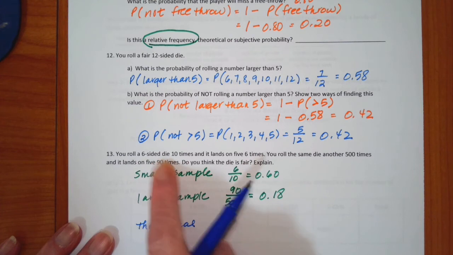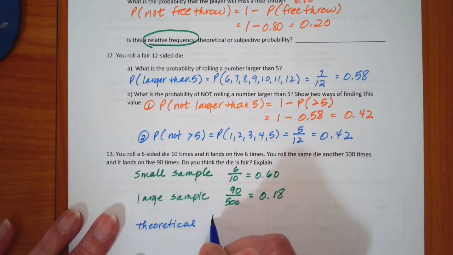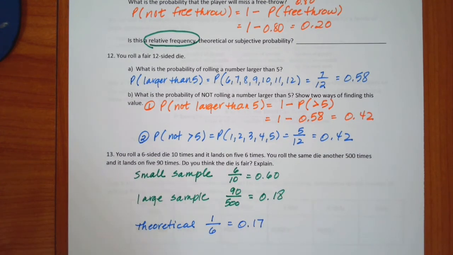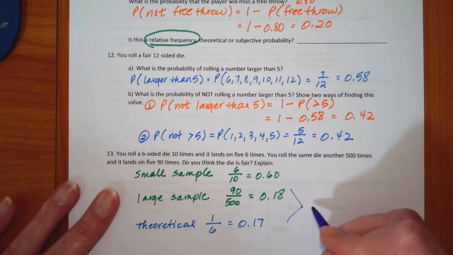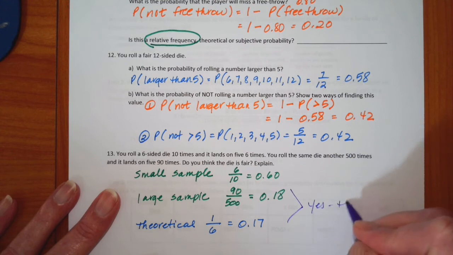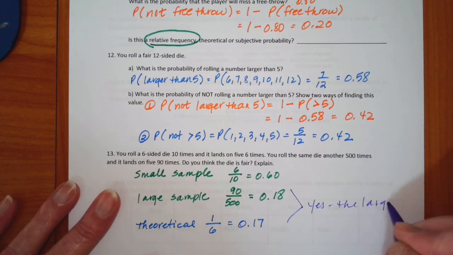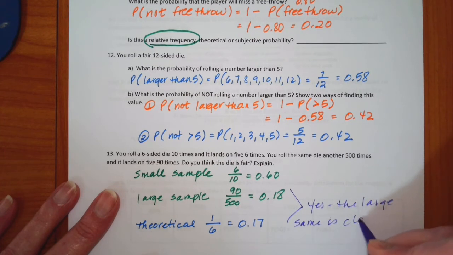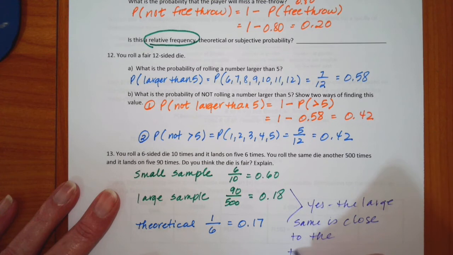Well, it should land on a 5 1 out of 6 times, which is 0.17 as a decimal. So do you think it's fair? I do. Yes. The large sample is close to the theoretical.